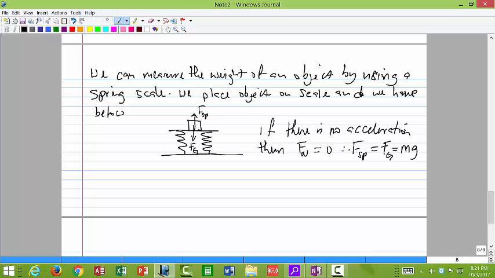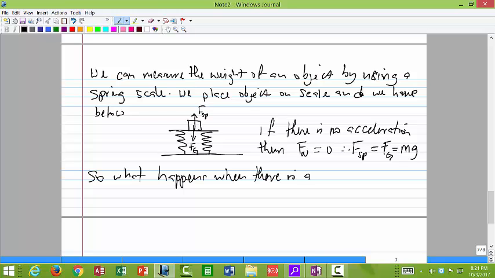So let's look at what happens when you are in an accelerating system. What happens when there is acceleration?